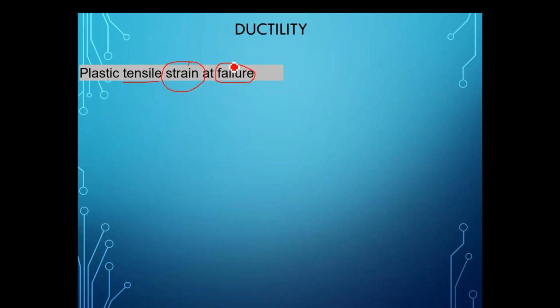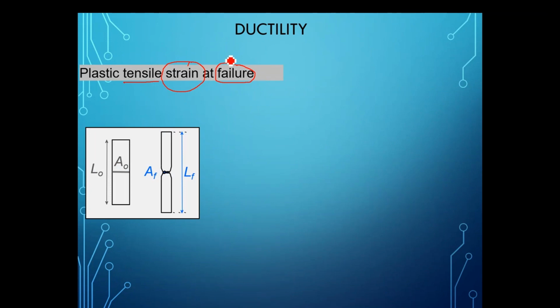So if I have this tensile sample, initially the area is A naught and the length is L naught. And finally, if I apply tensile load onto this material, the final length at fracture is this total length. The length has increased, and the final cross-sectional area is this.